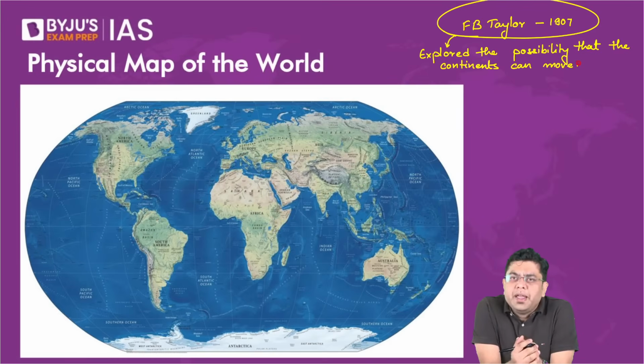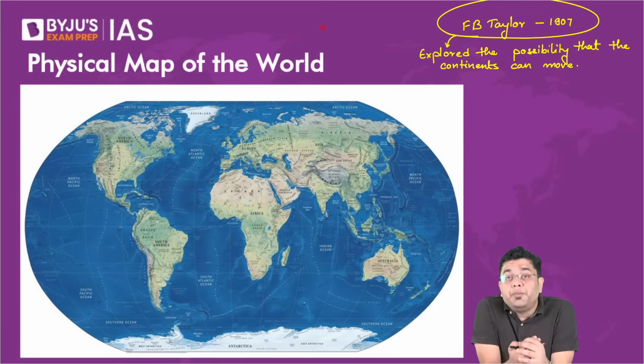But then he did not develop this theory, because when you provide a theory, you need to be able to provide a certain amount of reasoning for it as well. You need to make certain assumptions. You need to be able to prove that theory. If you are saying that the continents are moving, why should I believe it? Show us the proof.